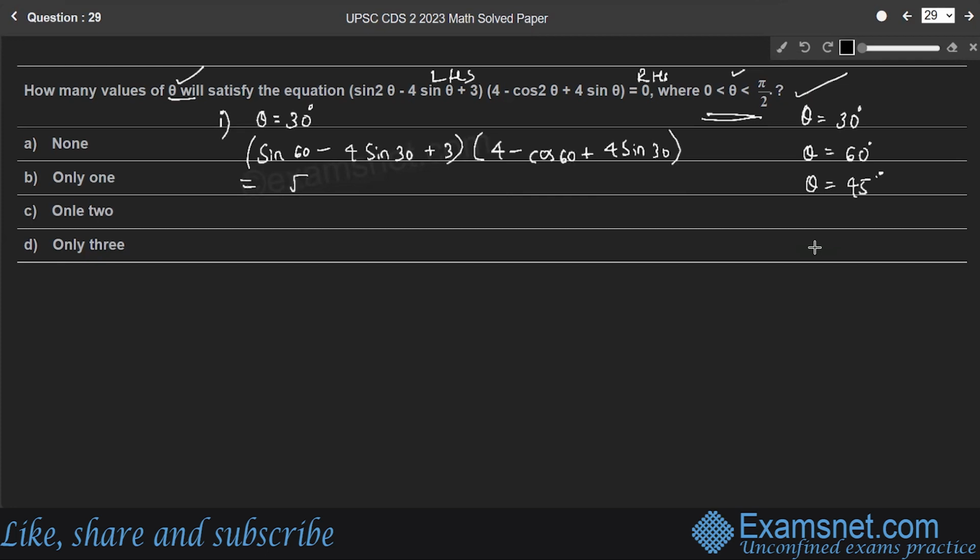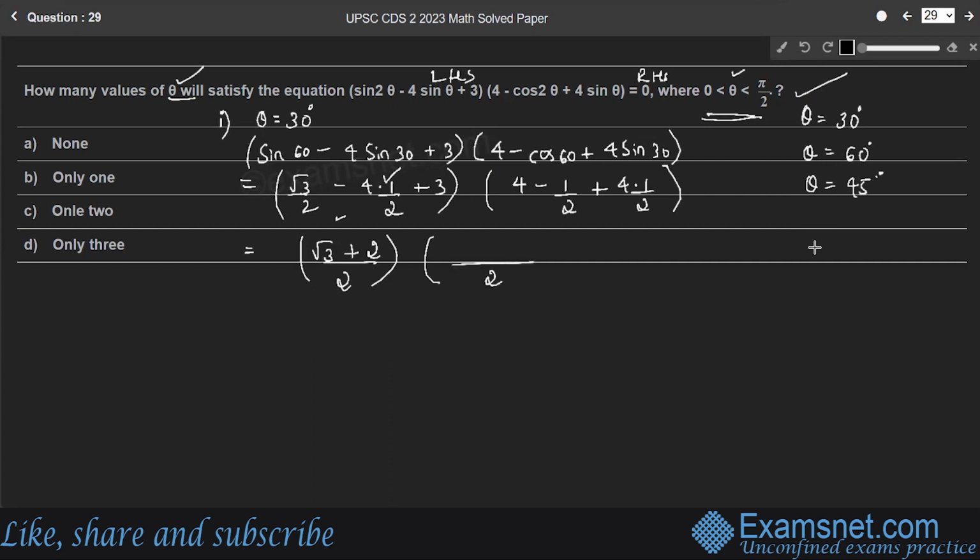Since sin 60 is root 3 by 2, minus 4 into sin 30, which is 1 by 2, plus 3, into 4 minus cos 60, which is 1 by 2, plus 4 into sin 30, which is also 1 by 2. Therefore, we have 2 as the LCM here. So root 3 minus 4 plus 6, which is root 3 plus 2.